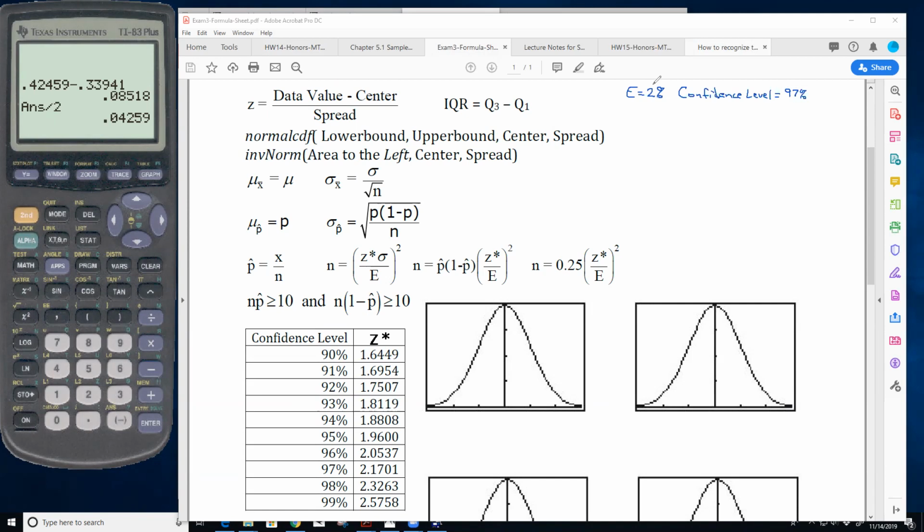Okay. Now the question is, if you recall the flow chart, the next question, if it's categorical data, which it is, it can't be this formula because that's only for the numerical quantitative data. So it's between these two. So do I have a p-hat or not?